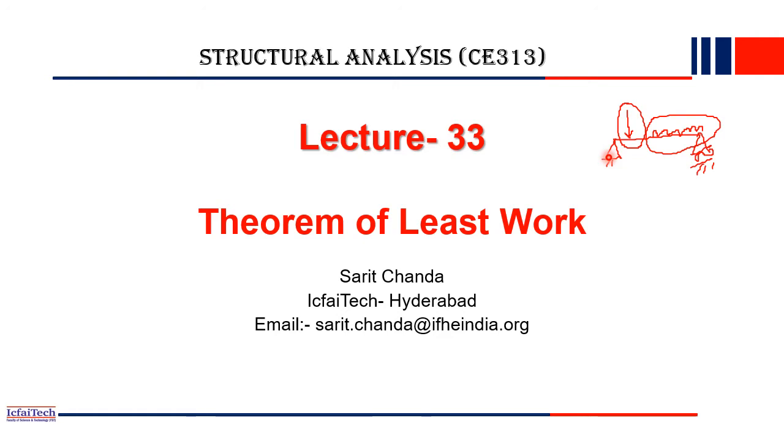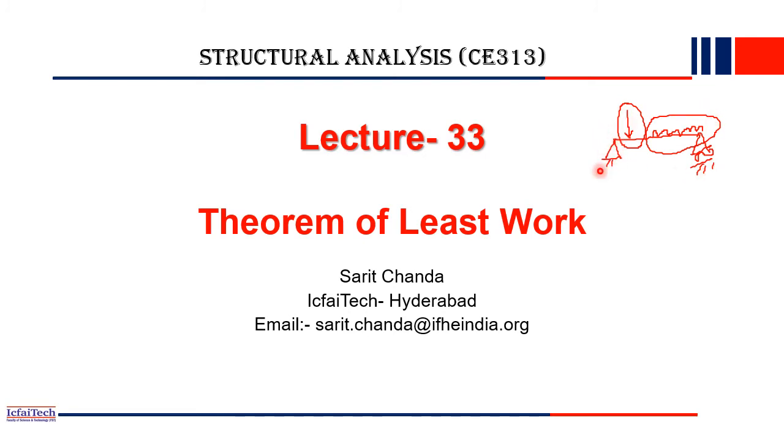Now, Castigliano's theorem method is only applicable for determinate structures. Even the earlier geometric methods we discussed are usable only for determinate structures. A determinate structure means the number of unknown reactions is equal to the number of equilibrium equations, right? So this structure is a determinate structure. How?